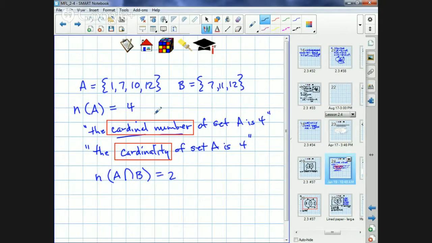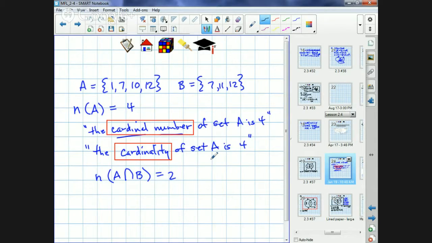How many? Cardinal numbers, how many? That's correct. And sometimes you'll see the word used like in the bottom sentence, where it says the cardinality of set A is 4. It means the same thing, the count. There's a noun form, and sometimes you'll see the adjective form, but the root word cardinal means count.